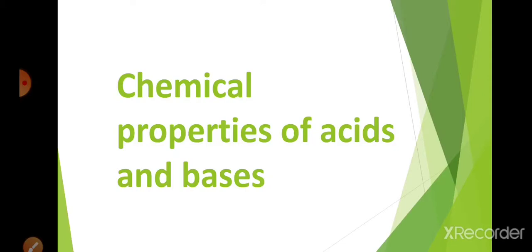So we are going to learn many chemical reactions of acids and bases, but in general they follow a particular trend. So it's easy for us to predict the product when we know the trend, and we can easily predict the product about acids and bases.